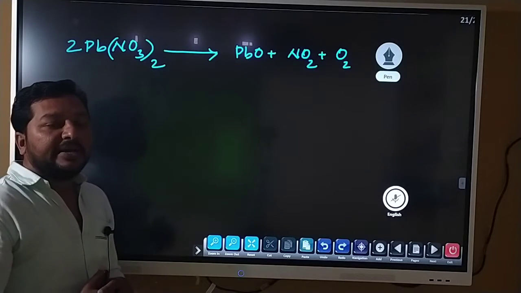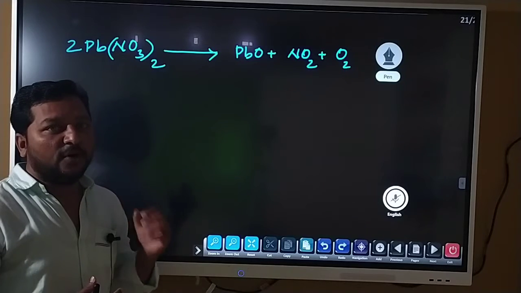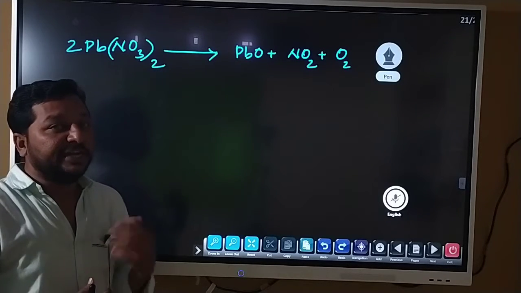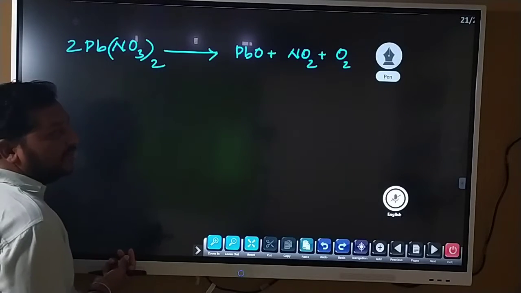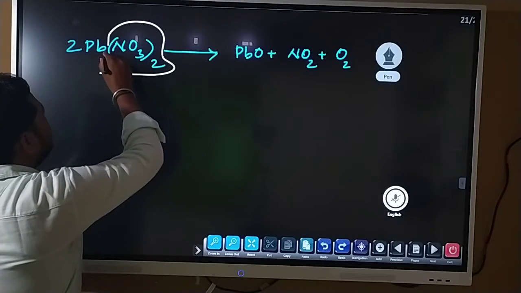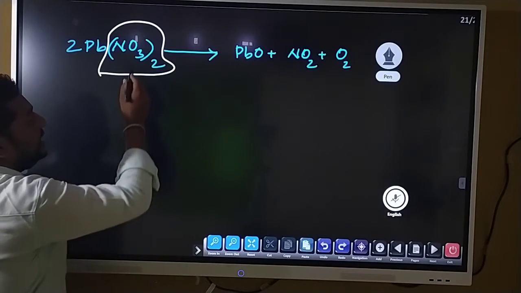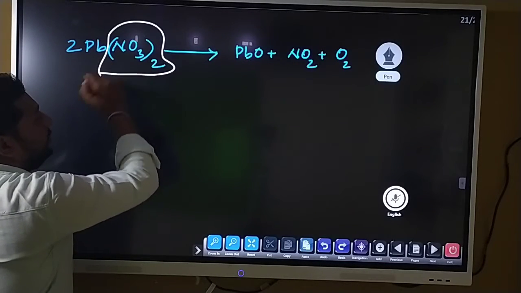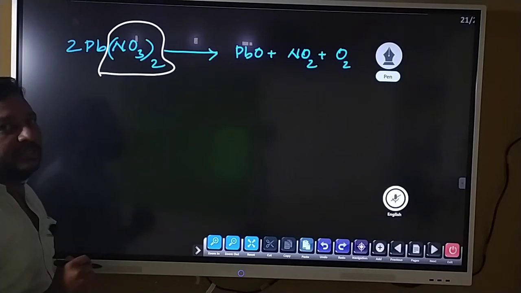Next. Some chemical reactions are a little tougher than normal, so they change a little from the past ones. What is this change? We will clarify. First, think about this one. NO3 twice. That means in the bracket we have 1 nitrogen atom and 3 oxygen. What does the 2 indicate?